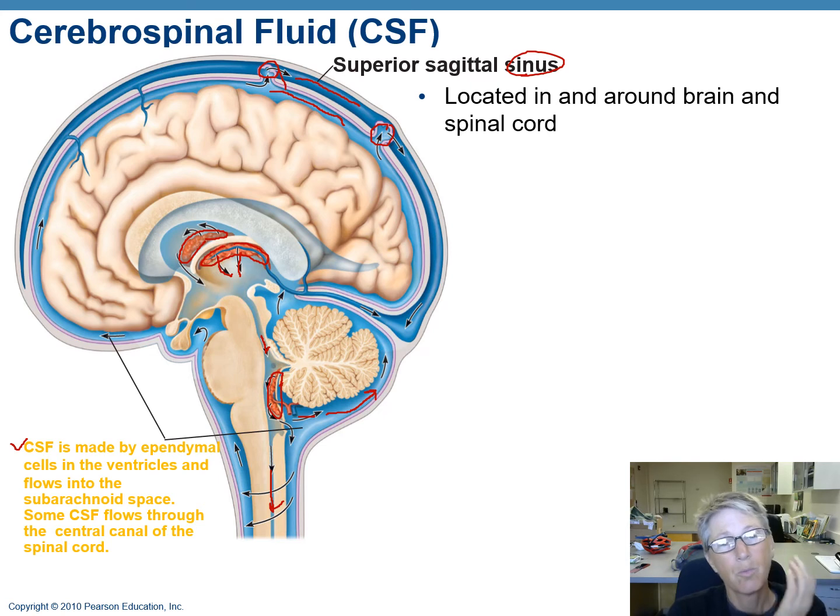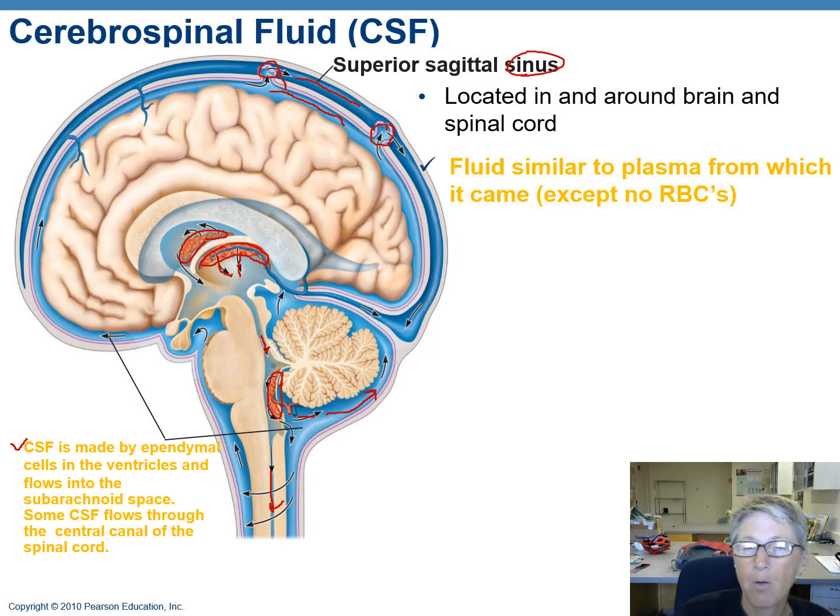So cerebrospinal fluid is located in the brain and around the spinal cord. The fluid that the CSF is, it's similar to plasma. So it came from plasma.